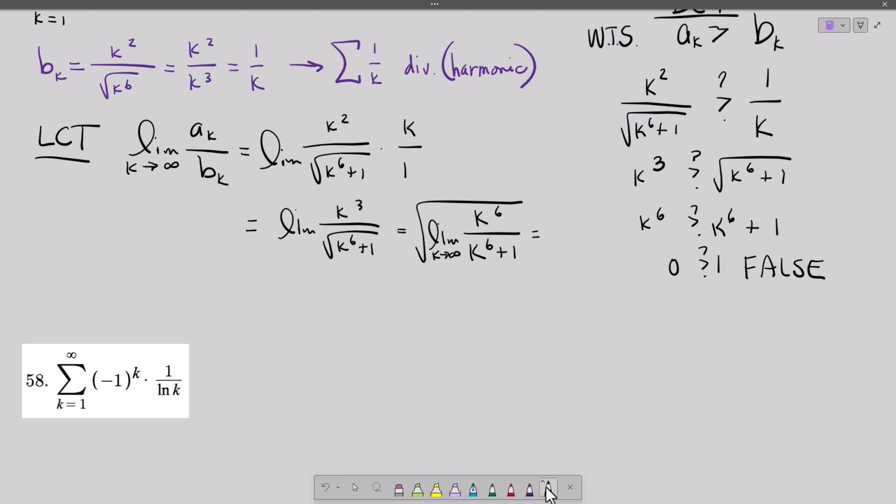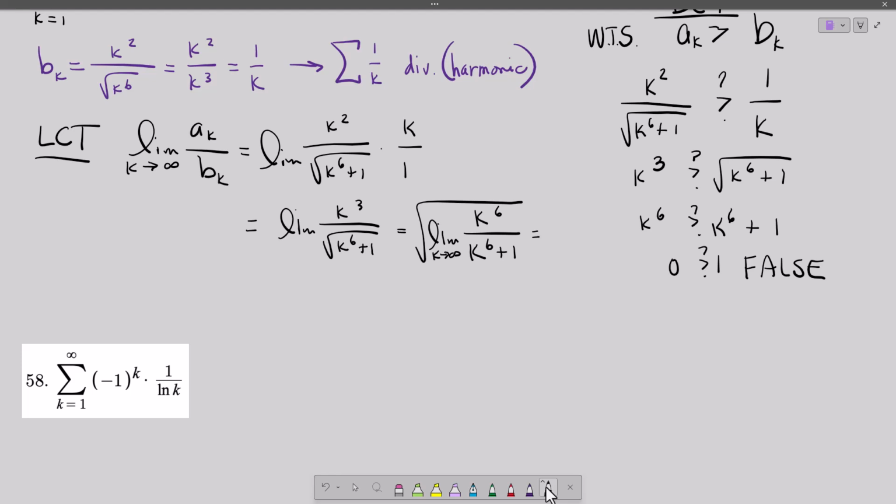So you can think of it in 3 ways. Polynomials that have the same power, you look at the quotient of leading coefficients, 1 over 1 is 1. Or you could divide everything by k to the 6, and you'll get a 1 here, and a 1 here, and a 1 over k to the 6, which goes to 0. So you get 1 over 1, which is 1. Or you could do L'Hopital's rule 6 times.